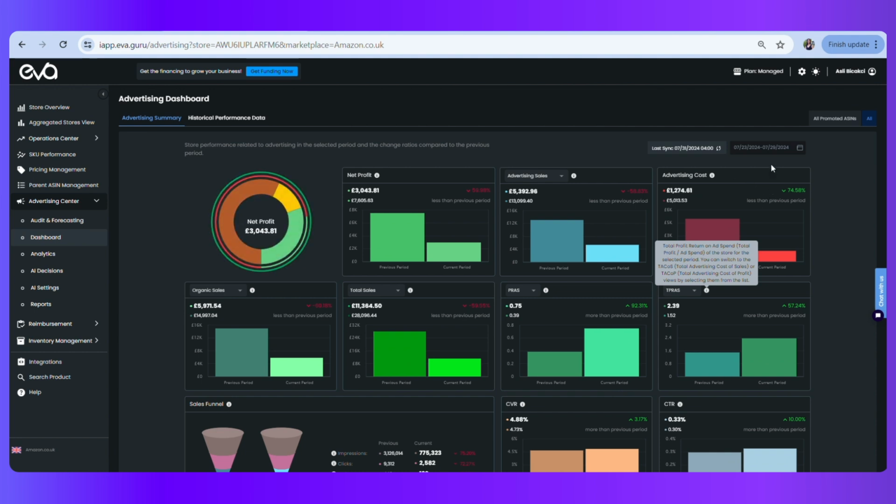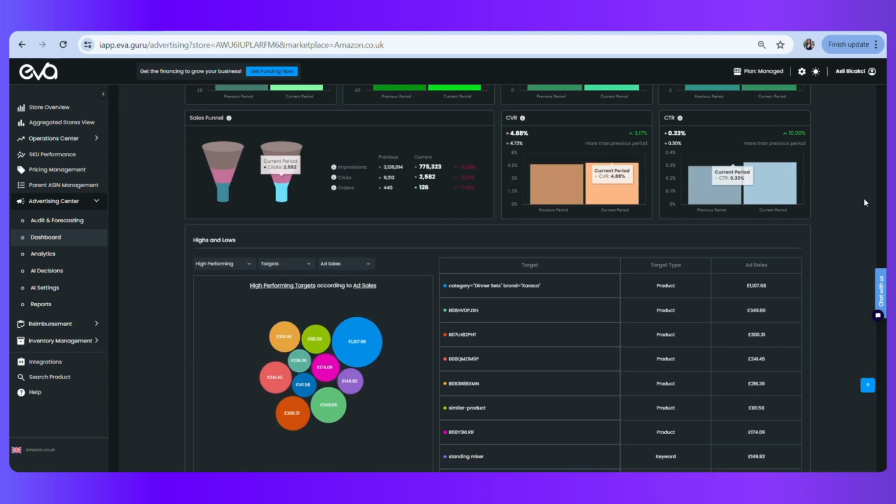Which means that most of the profit comes from the advertised product. And we need to improve the profit by checking these PROS and TPROS metrics or ACOS and TACOS metrics. If we consider improving the profit value, we should look at those metrics.